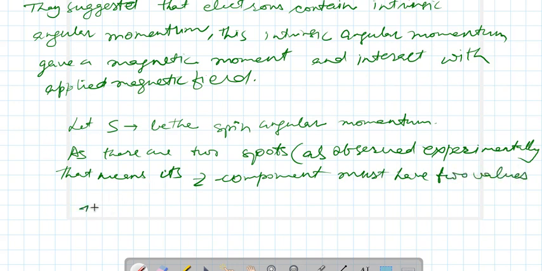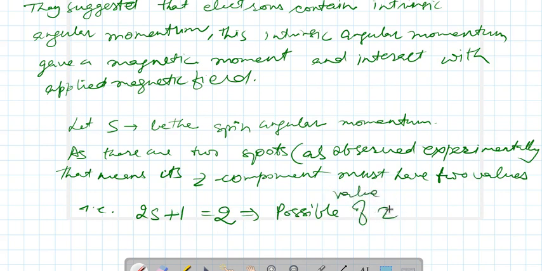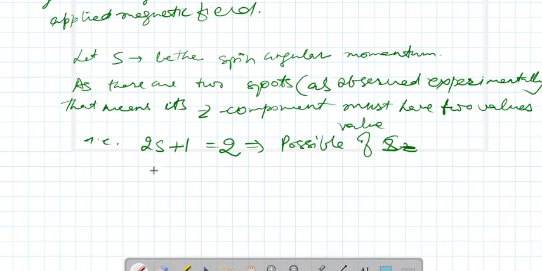That is, 2S plus 1 always must be equal to 2. Means these are the possible values of Sz, right. So from here, S comes out to be 2 minus 1, so S is equal to 1 by 2.